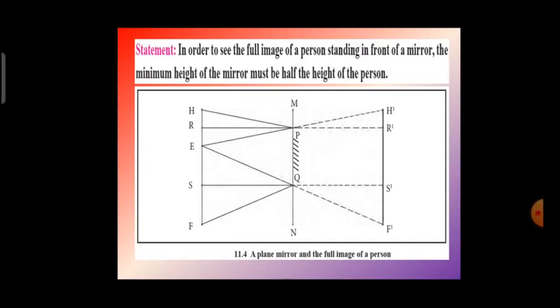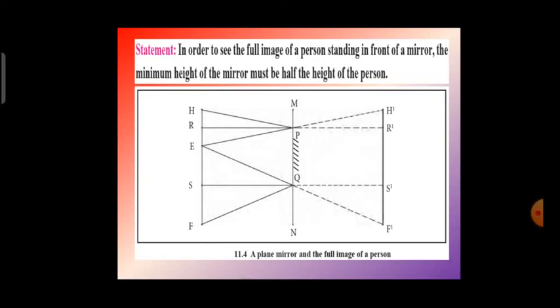So as you can see here, the point at the top of the head, H is for head, and for eyes it is E, and for feet it is F respectively. R and S are the midpoints of HE and EF respectively.